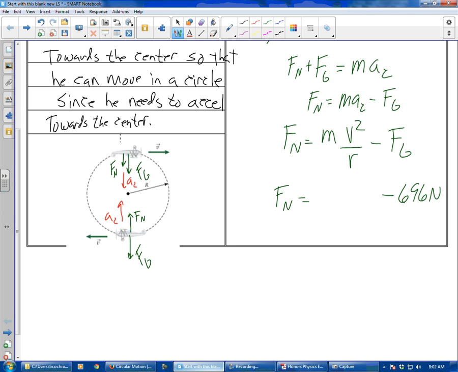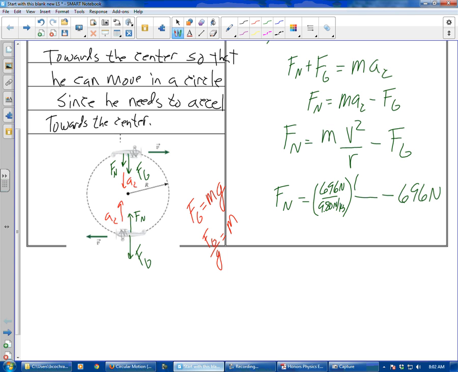But I know, as a side note, that his weight is his mass times gravity. So if I want his inertia, I can do F sub G divided by g equals his inertia, right? So for his mass, I'm going to do 696 newtons over 9.80 newtons per kilogram.